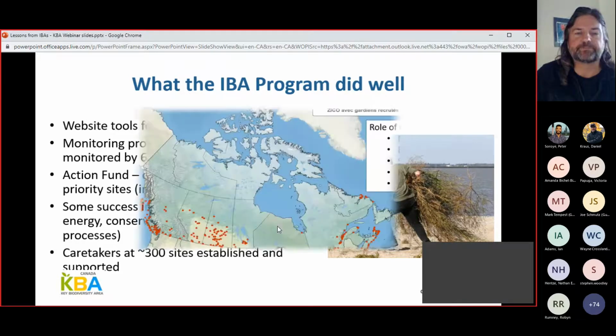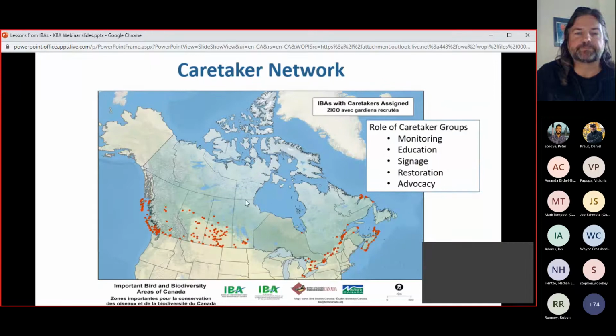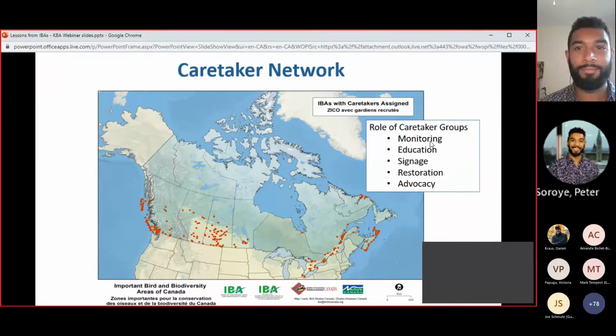And here you can see the map of where these sites are on the landscape. And again, the role of the caretaker groups really runs the full gamut of anything that could occur at a site, whatever is needed for conservation.